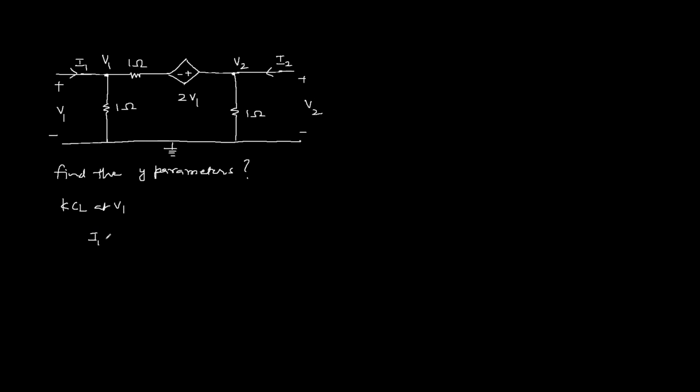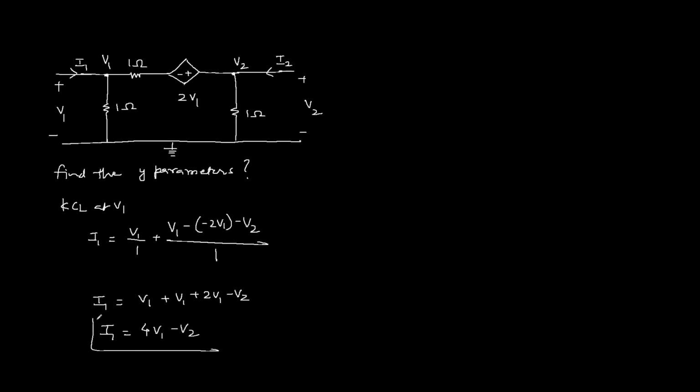Current entering is I1, current leaving through this 1 ohm resistance is V1 over 1, and then current leaving through this branch is V1 minus 2V1 minus this node voltage V2, over 1 ohm resistance. So I1 is V1 plus V1 minus 2V1 minus V2. So I1 is 4V1 minus V2. This is the first equation.